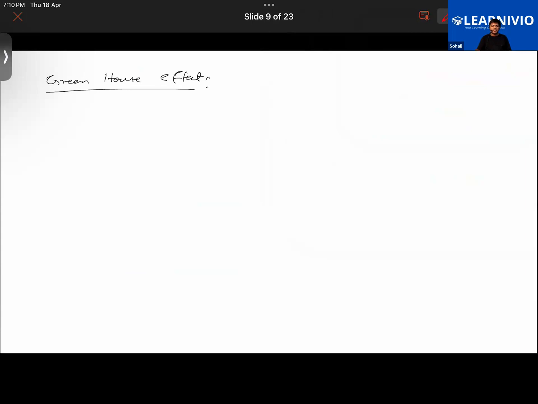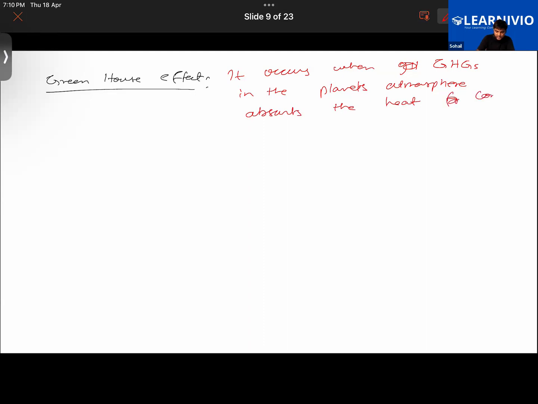So basically, greenhouse effect occurs when greenhouse gases, GHGs means greenhouse gases, in the planet's atmosphere absorb the heat coming from the sun and do not let it escape into space.